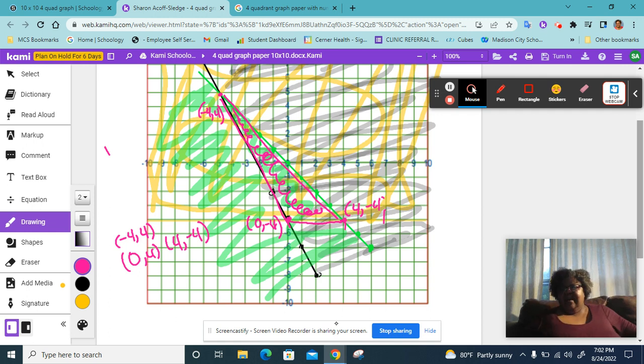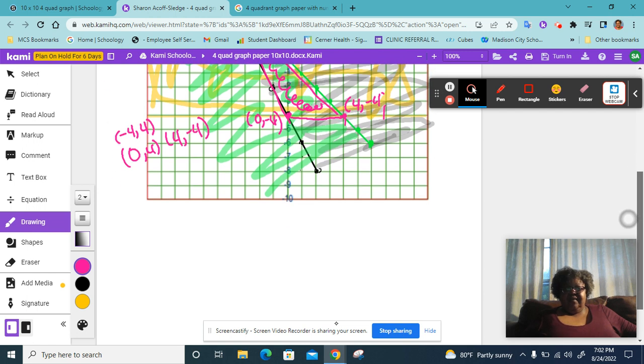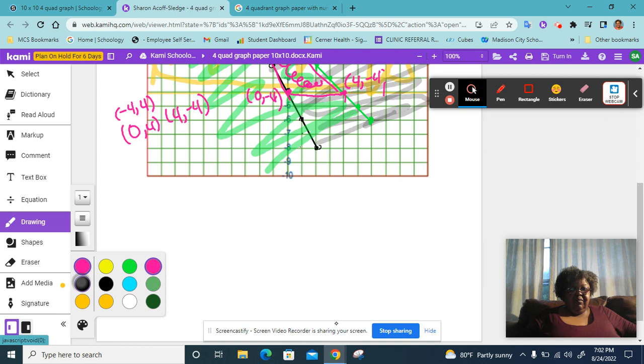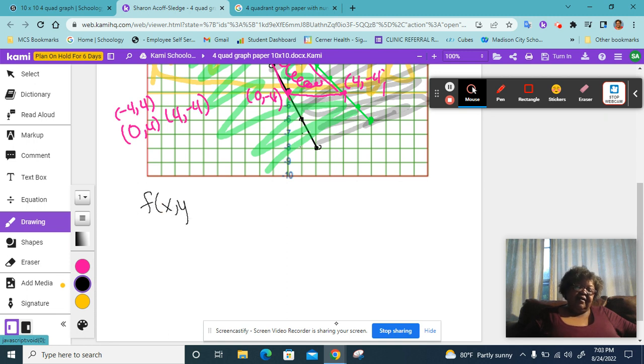So we're going to go down here and go back to black. We have f of x, y equals x plus 2y. And actually, all they want you to do is take these points and plug them in and get your maximum and minimum value. So f of -4, 4, where x is -4 and y is 4.